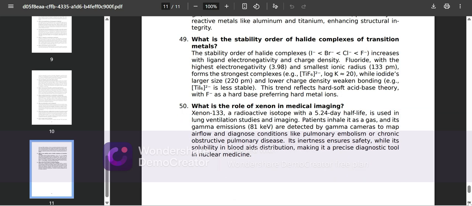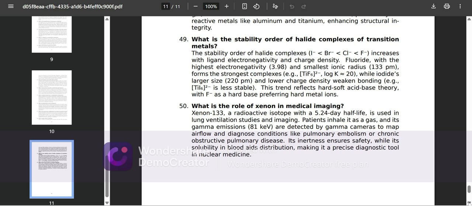What is the stability order of halide complexes of transition metals? The stability order of halide complexes is iodine, bromine, chlorine, fluorine, increasing with ligand electronegativity and charge density. Fluoride, with the highest electronegativity, 3.98, and smallest ionic radius, 133 pm, forms the strongest complexes.